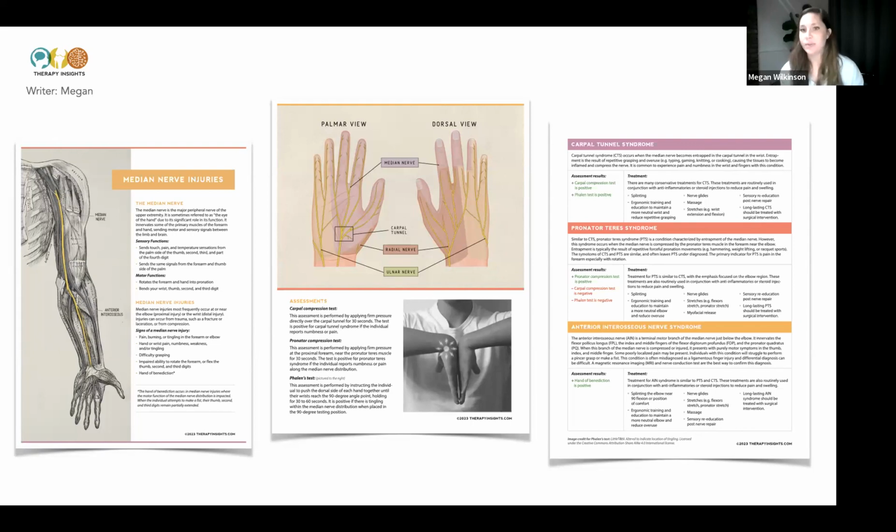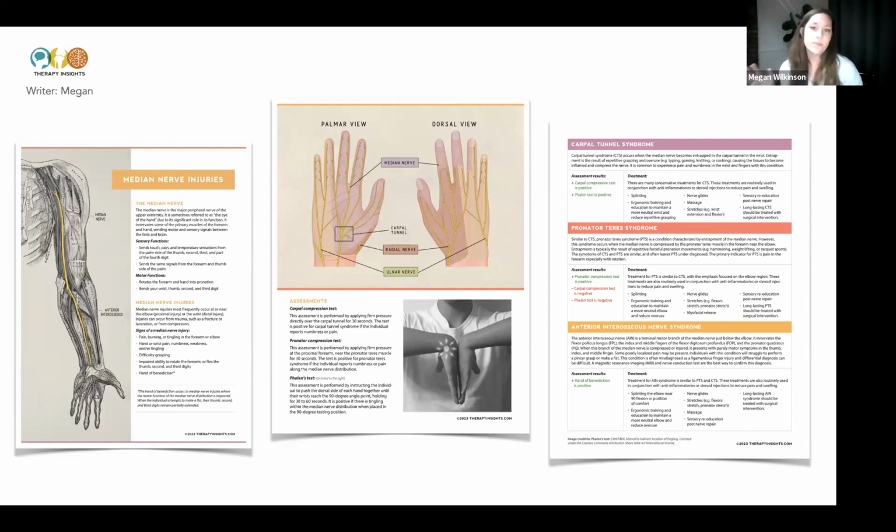For example, with pronator teres syndrome, you're going to get a positive pronator compression test, but a negative carpal compression test or Phelan's test. That helps you really figure out, is this carpal tunnel or what is this? Because they can present so similarly and overlap with each other.